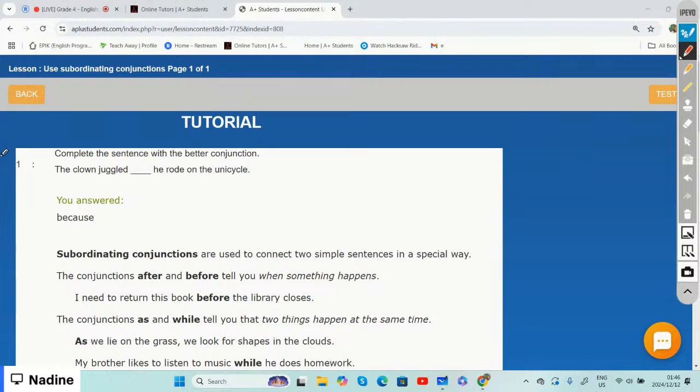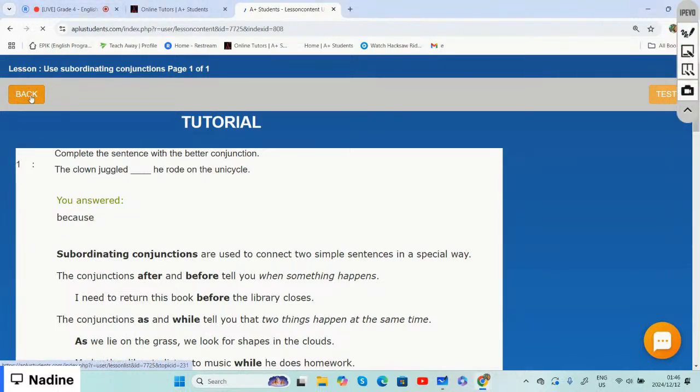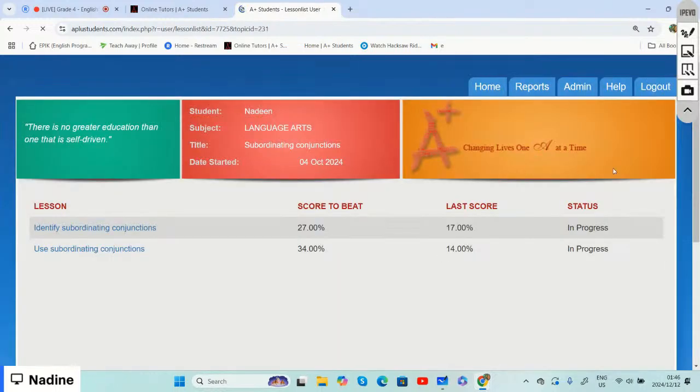All right. So this is now the end of our lesson. We say that is the end of our lesson on subordinating conjunctions.